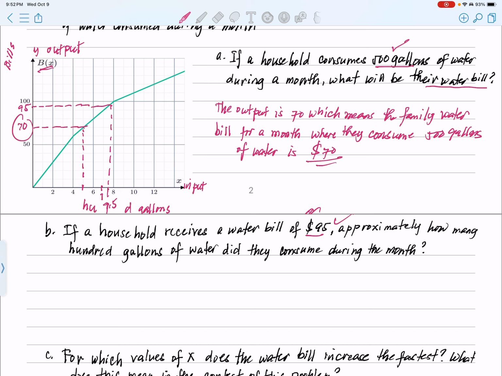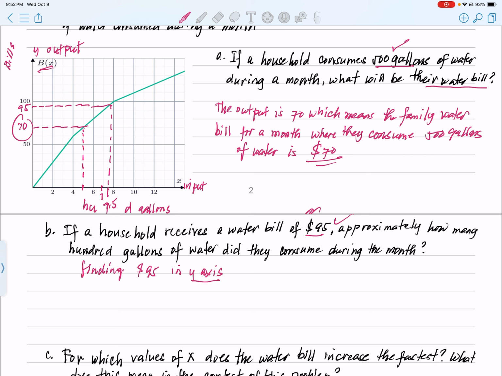So the water bill is represented: look for the $95 in the Y axis.